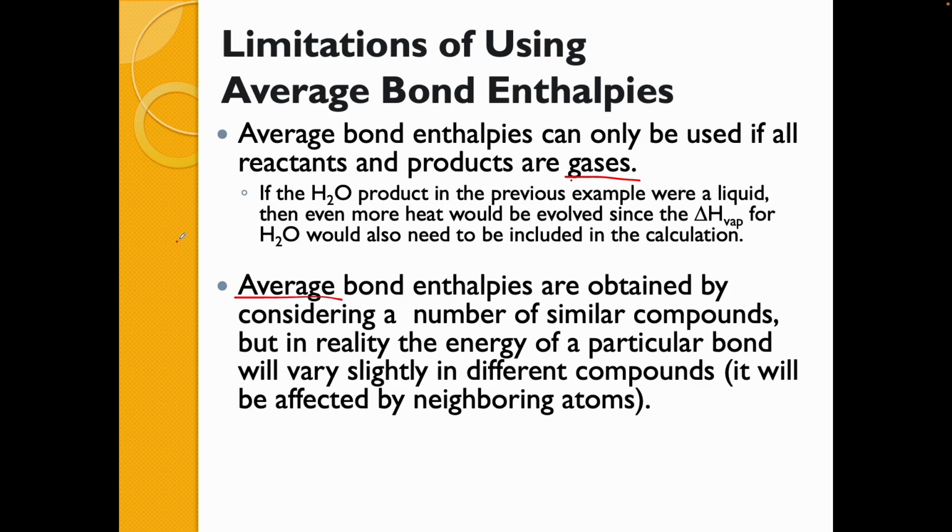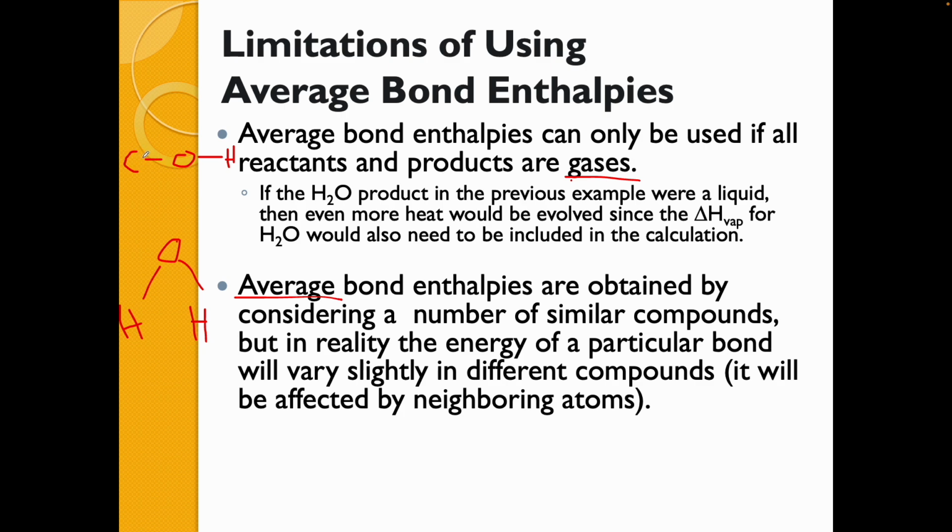What I mean by that is if we have an oxygen in water, oxygen hydrogen bond in water, this is different than an oxygen to hydrogen bond that would be if this oxygen was tied to a carbon atom. Okay?